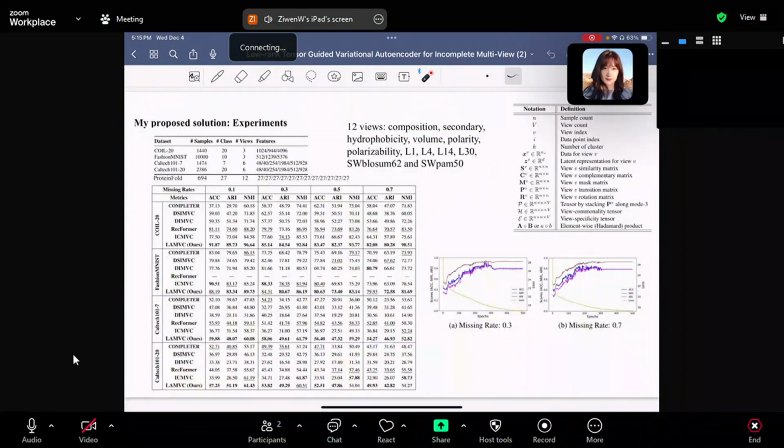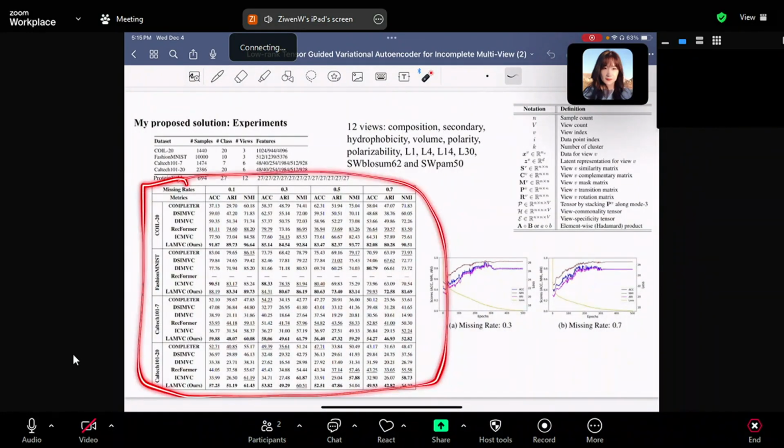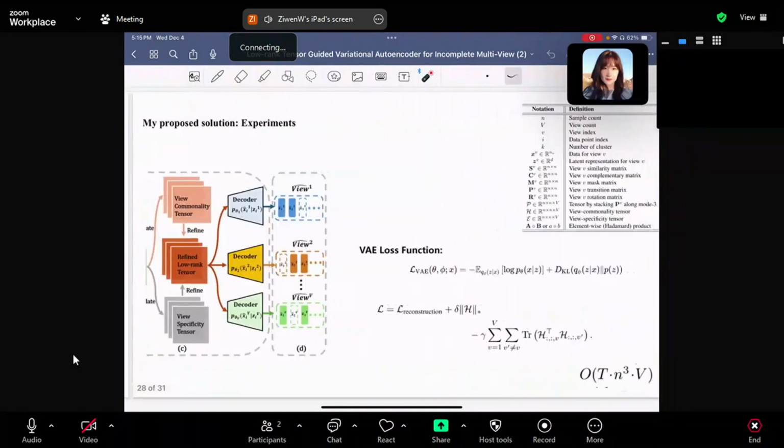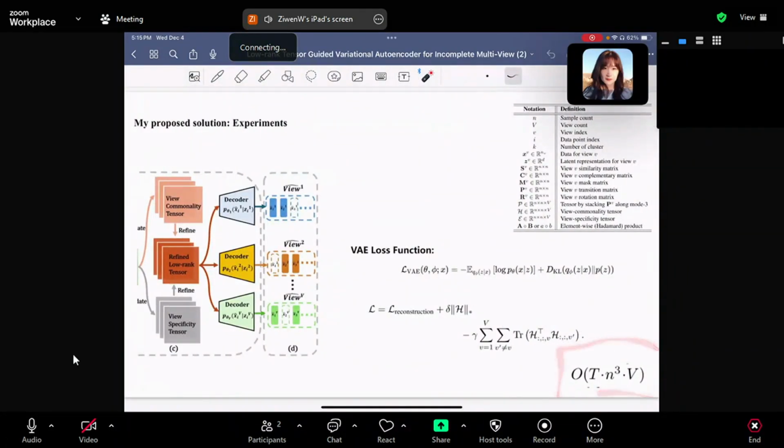Here are the results from the very common data sets from computer vision. The best results are bolded, and the second best results are underlined. So this means it really works. And here's the convergence. I put here the computational complexity of this model.